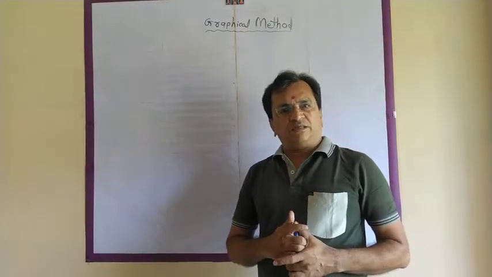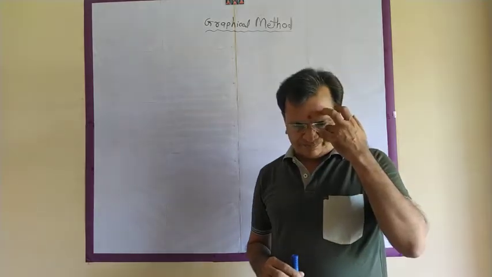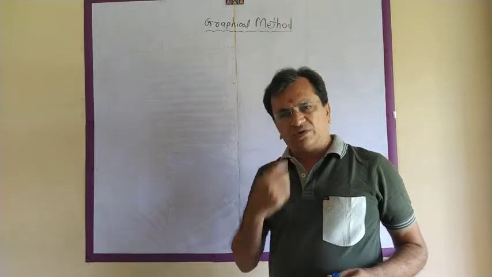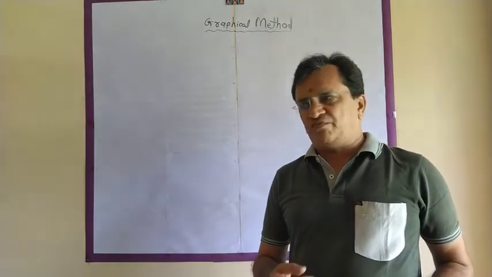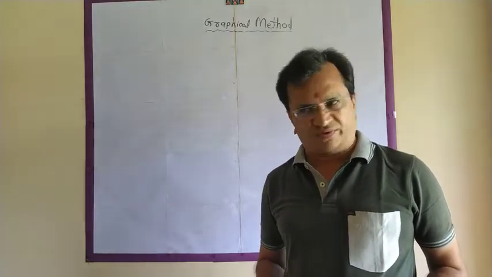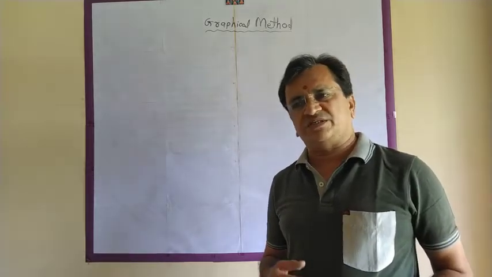So today we will start simultaneous equations by the graphic method. Why have I selected this particular topic? Because in the SSC board there is one question in which students do the maximum rough work. When the x coefficient is given, you are searching for y.